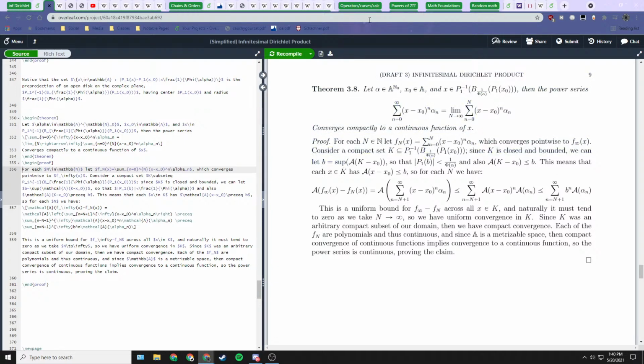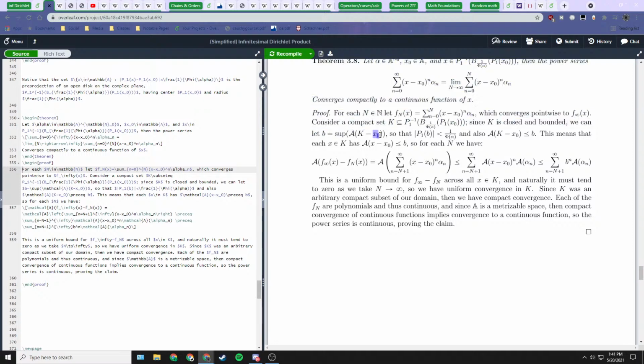Because K is a subset of this cylinder set, whatever B is, its first projection has to satisfy the bounds asserted by these terms. So its first projection has to be strictly less than 1 over phi of alpha.